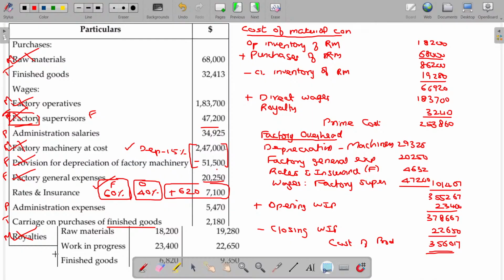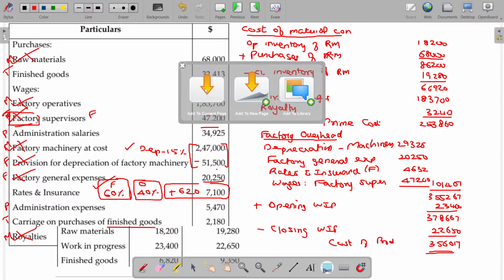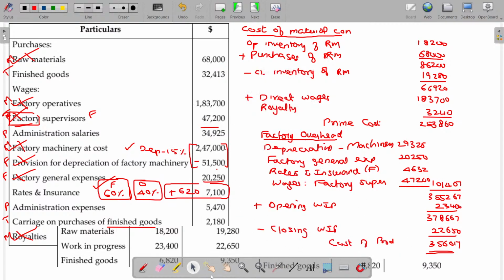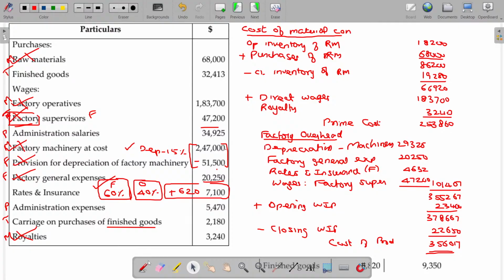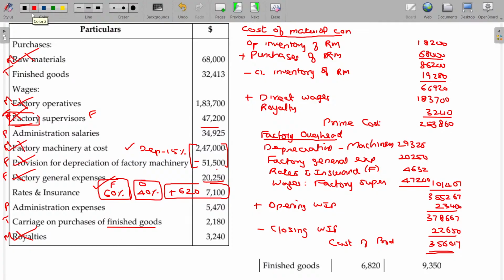Now we have to prepare income statement, trading section. In case of trading section, what will come? Only finished goods items will come. We have been given finished goods purchases, and what more we'll have.